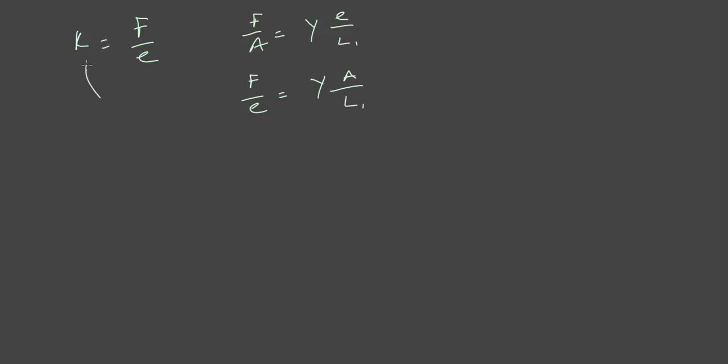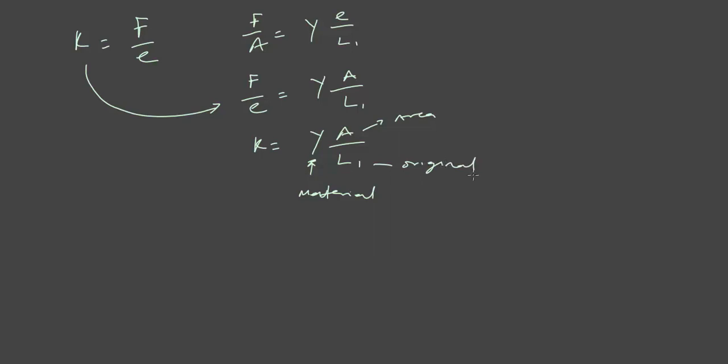We can substitute F over E as K. So that means K is equal to Y times cross-sectional area divided by original length. So what this means is the force constant is a function of the resistance to deformation by the material, which is the Young's modulus, and it's also a function of the cross-sectional area and the original length.